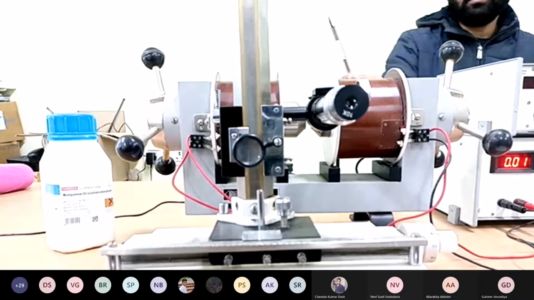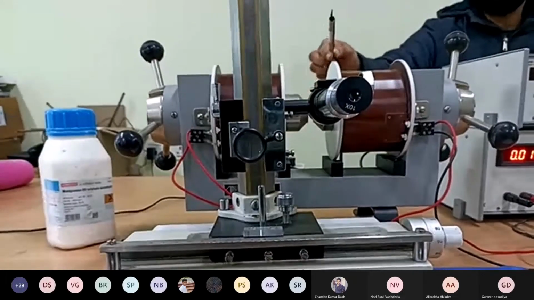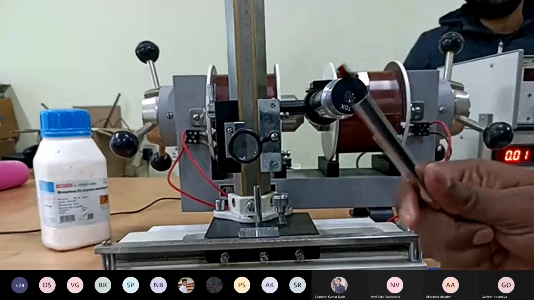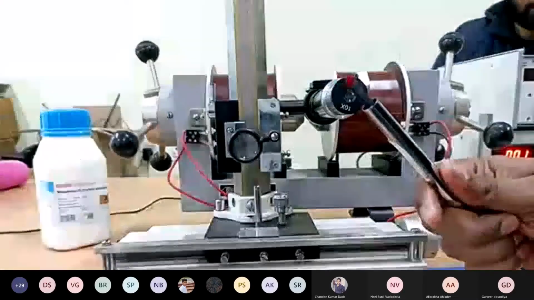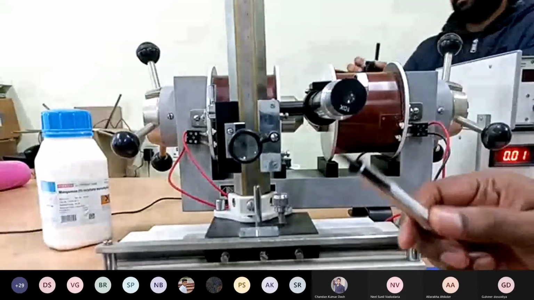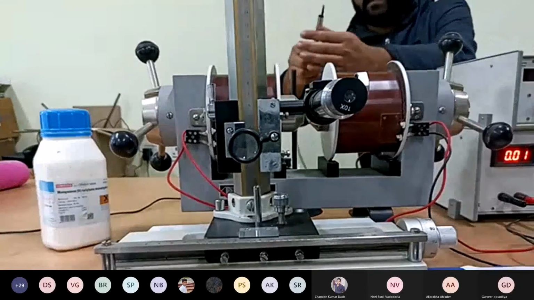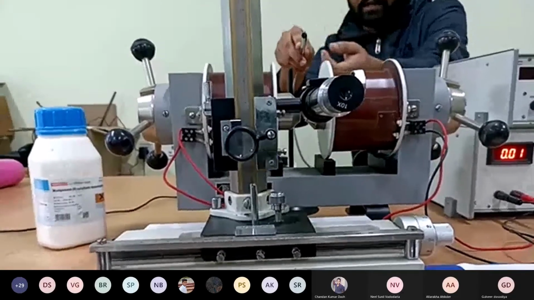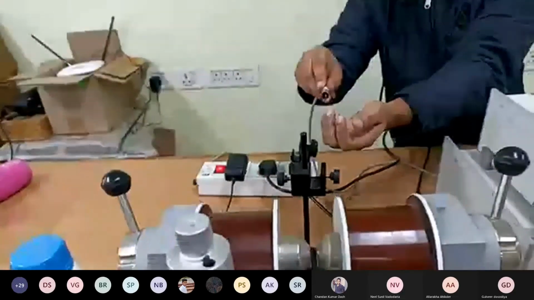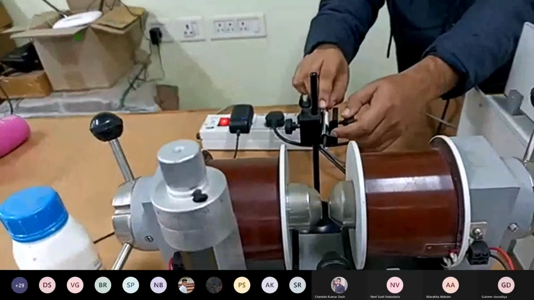So this is the probe. The probe is visible. We'll put the probe in this stand, vertically, so that the maximum magnetic flux can move from the north pole to the south pole of the electromagnet.